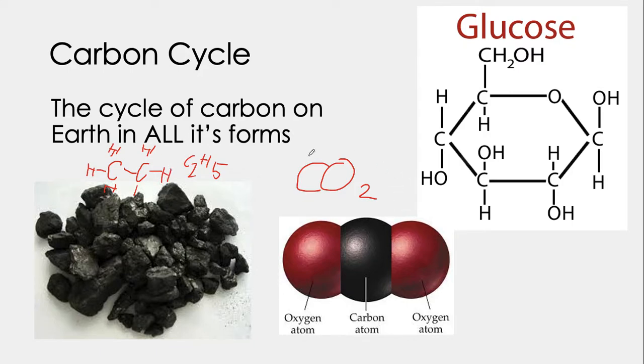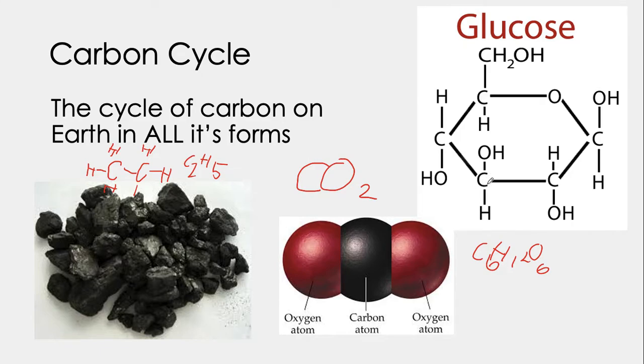It can be part of a carbon dioxide molecule. All biological molecules have got carbon in, and this is just one example for you. This is glucose with the formula C6H12O6. And you can see this is a drawing of the structure. We've got lots of carbons here.